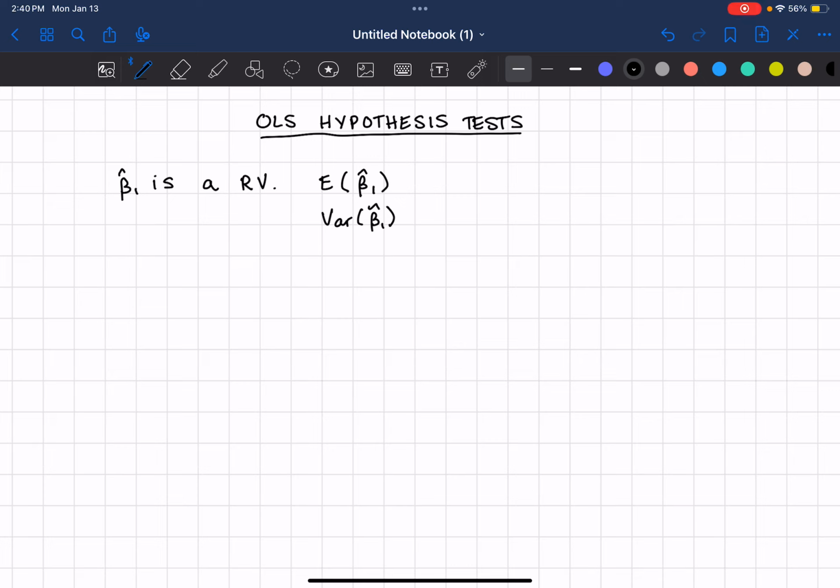The expectation of beta 1 hat is beta 1 under two assumptions. If 1, we are correct about our using a linear model, the data generating process is linear in variables. So I'll say a linear model is correct.